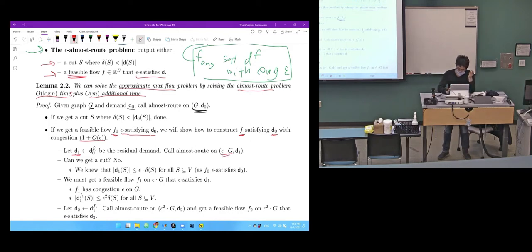So I scale it down and try to almost route D1 in this scaled-down graph. Can we get a cut? The answer is no, just because we know that it is feasible. So you get a feasible flow, F1, on this scaled-down graph that epsilon-satisfies D1.